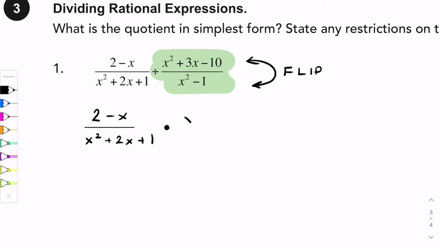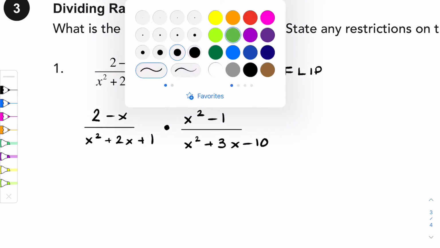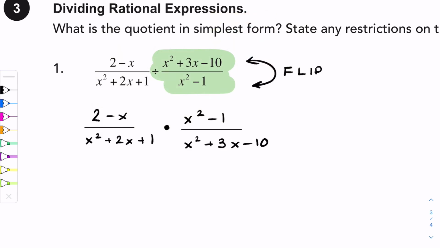So we're multiplying this by x squared minus 1 divided by x squared plus 3x minus 10. At that step, all I did was flip the numerator and the denominator. Also, note that you are changing your division symbol to a multiplication symbol.